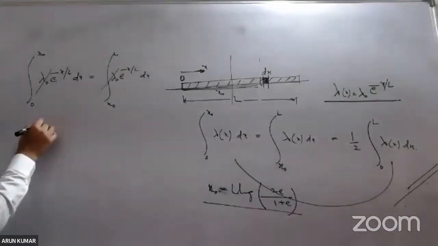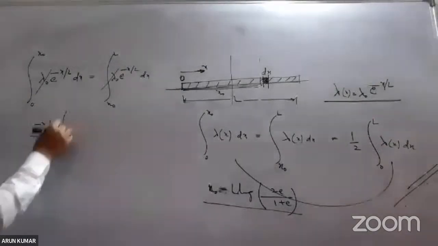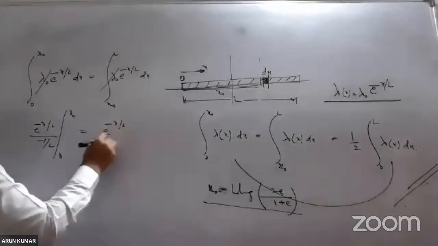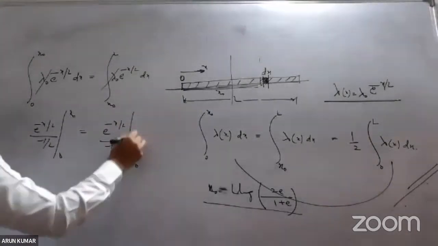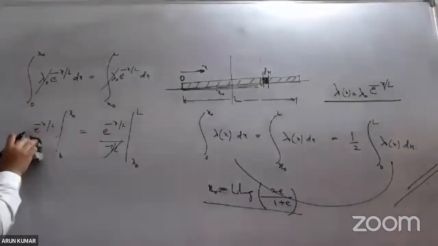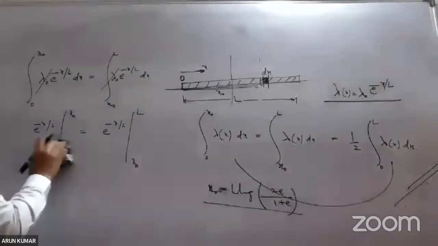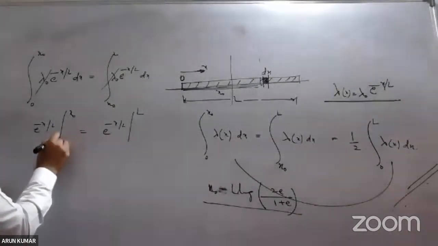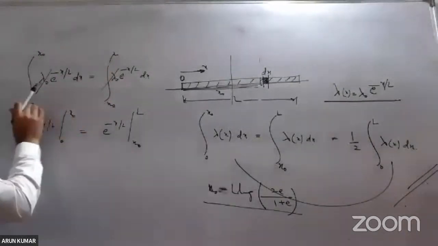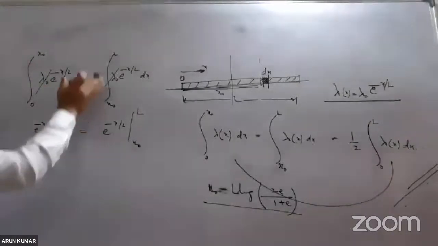So I'll have e power minus x by L by minus 1 by L under limits 0 to x naught, equal to the same under limits x naught to L. So this 1 by L gets cancelled out. You understand this equation? My mass from 0 to x naught is equal to mass from x naught to L.